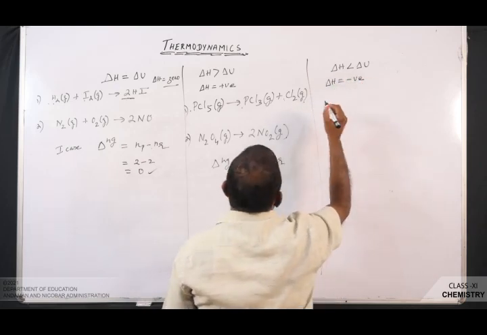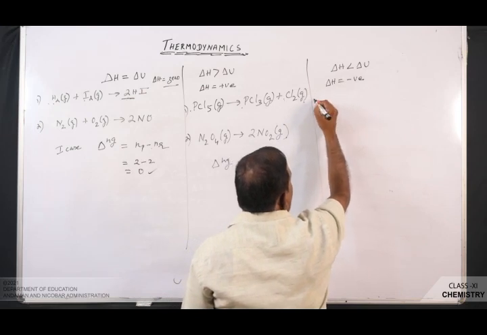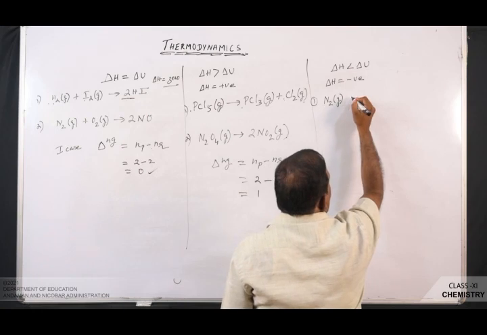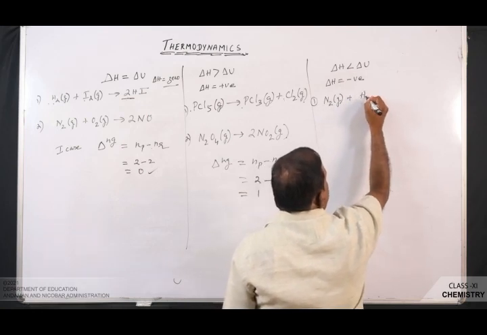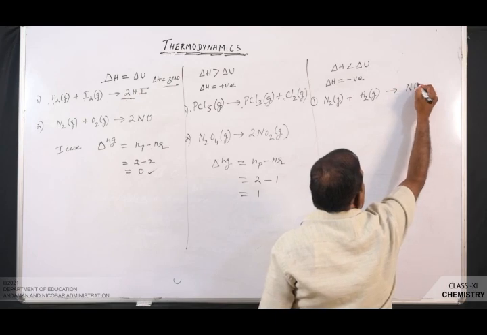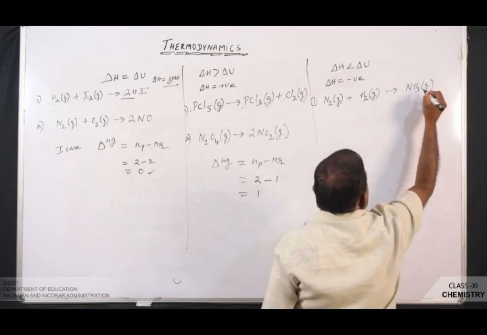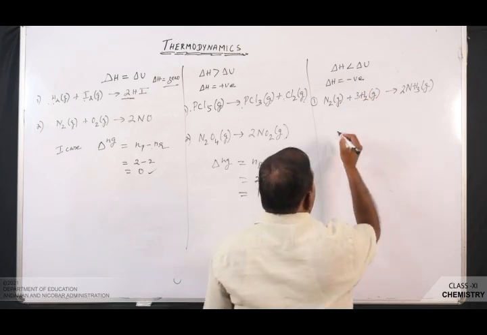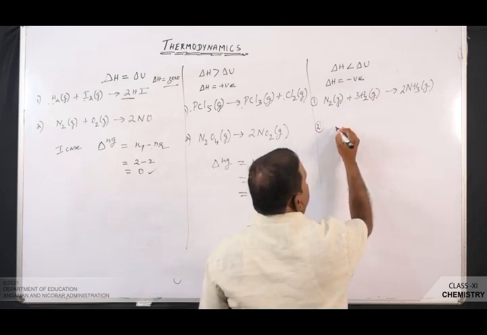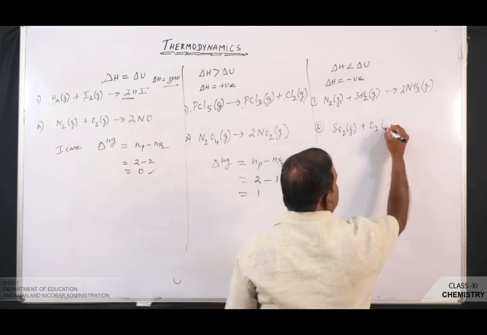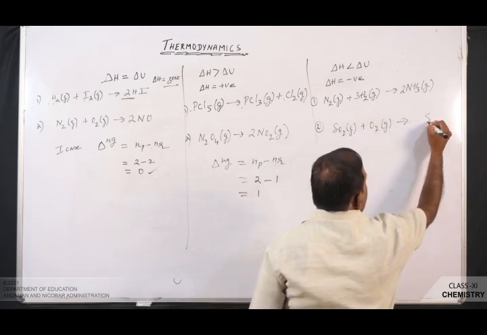Okay, students. Here we will take the example of nitrogen gas plus hydrogen gas gives ammonia, NH3 gas. We will balance it: 2 here, 3 here. Second case, again SO2, sulfur dioxide gas, with O2 gas gives SO3 gas.